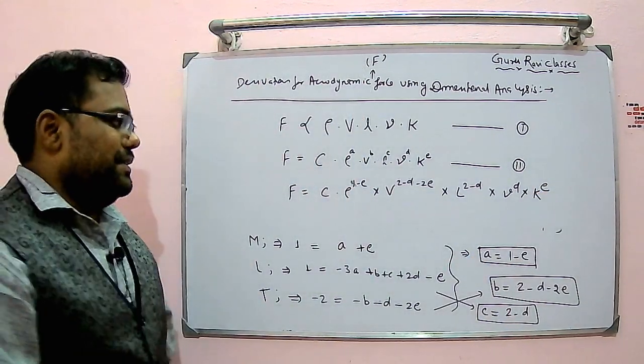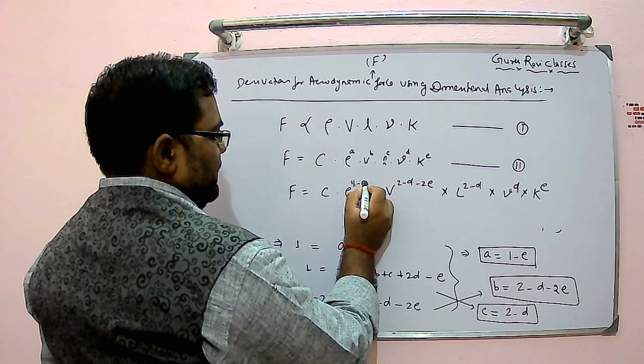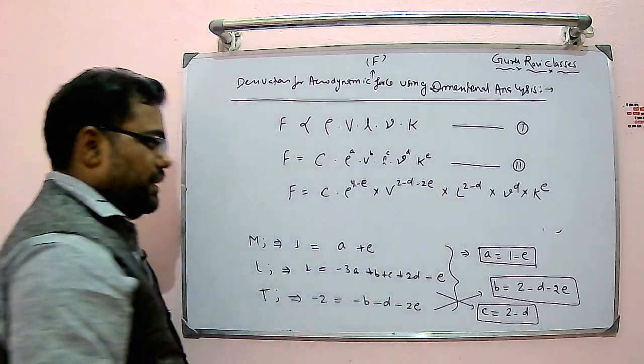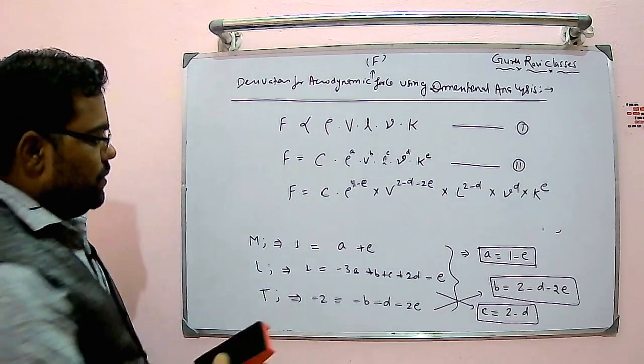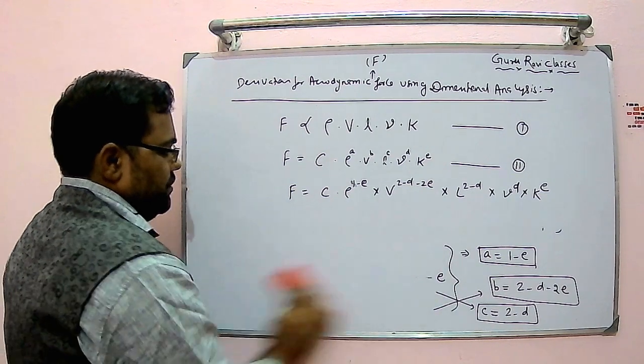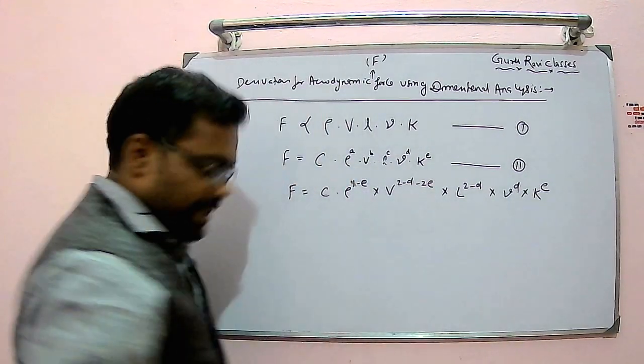Now you expand this. This is E basically. This is not a rho. Don't get confused between that. So now we are expanding this.